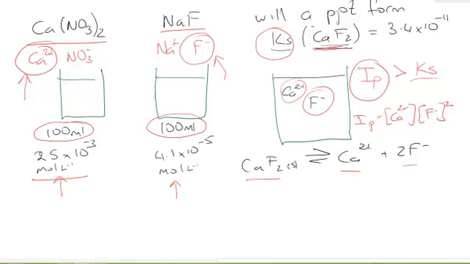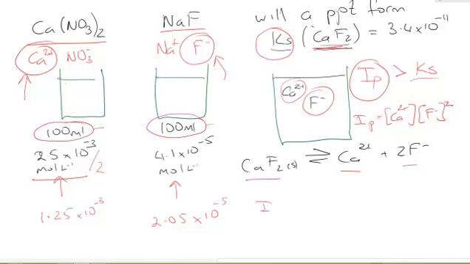Now typically in NCEA they have easy ones where it's basically dividing the concentration in half. For instance in this case, 100 and 100. So that would be dividing this in half, would be 1.25 times 10 to the negative 3, and this would be 2.05 times 10 to the negative 5.